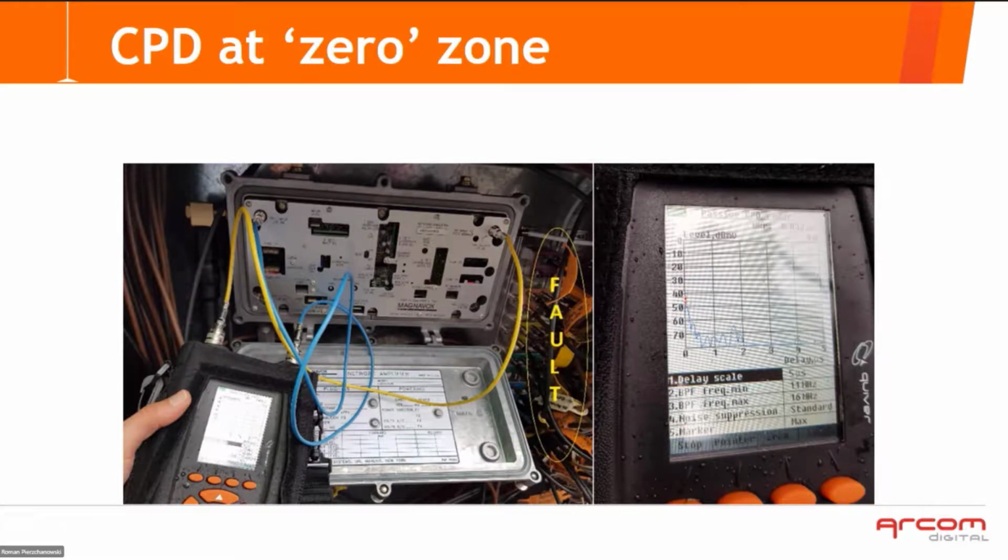Here is an example of what may happen if you are at the amplifier and there is either a fault right after the amplifier or exactly at the output port. The CPD will be indicated at 0 of the time delay.